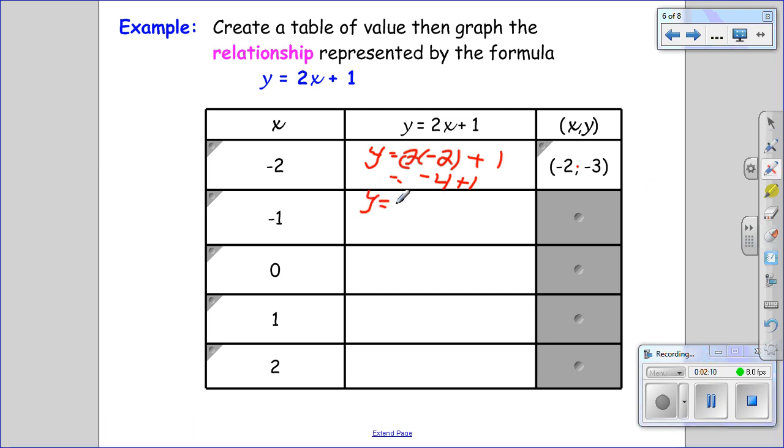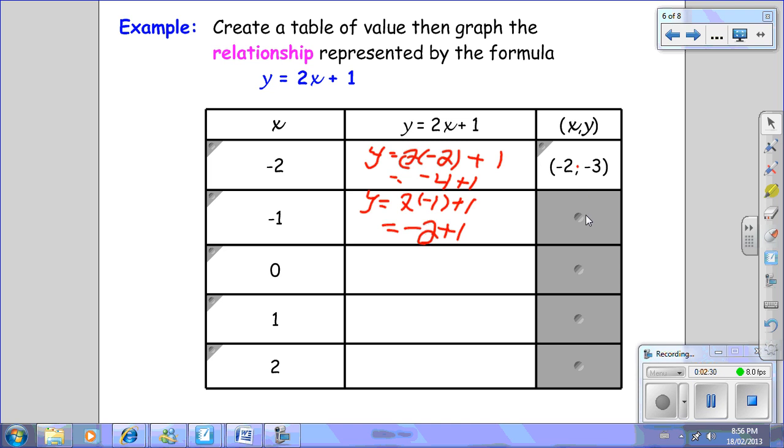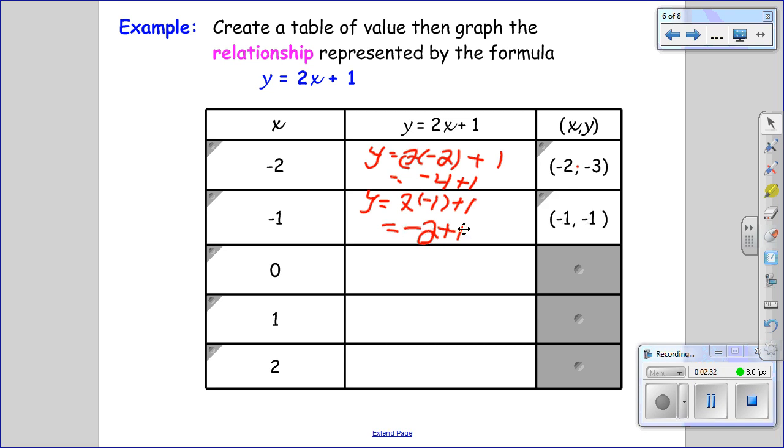The next one, y equals 2 times -1 goes in the brackets, plus 1. So I've got -2 plus 1. I have one more negative than positives, so the ordered pair is -1 for the x value and -1 for y.